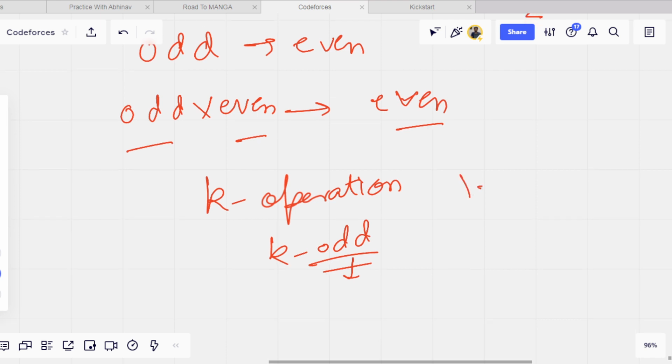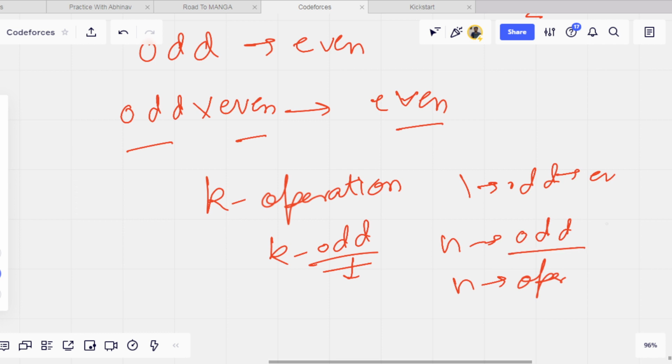If we have one odd number, we need only one operation to make it even. If we have n odd numbers, we need n operations. So if the number of odd numbers is less than or equal to k, the allowed number of operations, then the answer is yes, otherwise the answer is no.